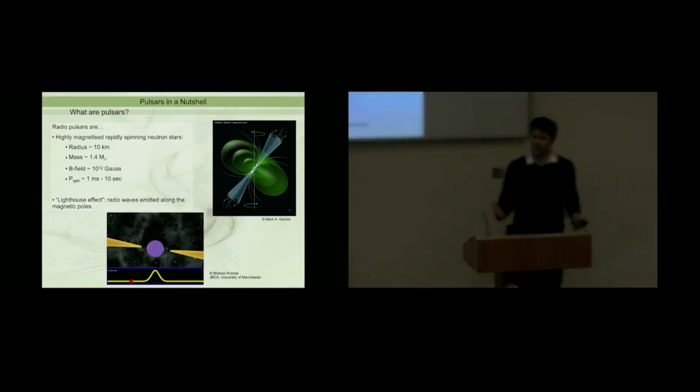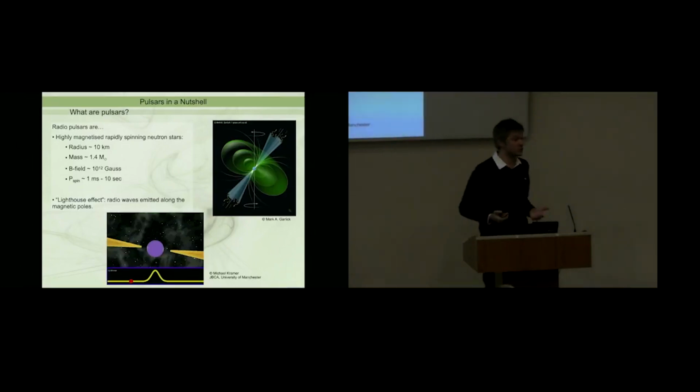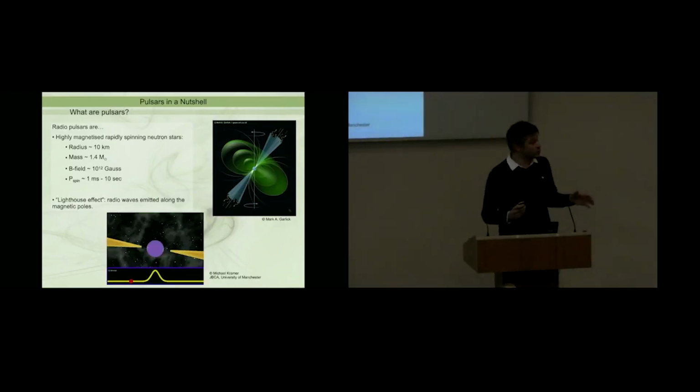They also spin very fast. So their spins range from a couple of milliseconds for one rotation to about 10 or so seconds for the slowest ones we observe. Actually, just this past summer, a student in Manchester discovered the slowest one known at 23.5 seconds. So it's rather long compared to some of the other ones.